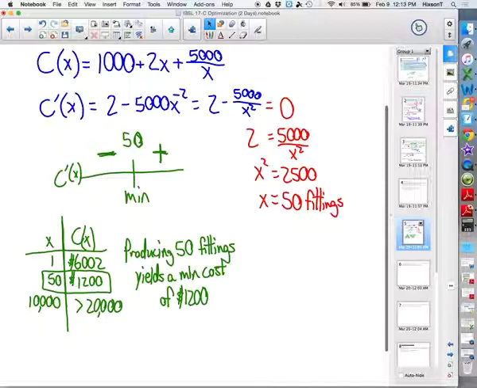Well, it's the acceleration, the rate of change of the rate of change. So our price is changing per fitting, that's our unit price, right? That's our first derivative. If you wanted to look at how that unit price is changing as you produce more units, that would be a second derivative. Again, with this kind of context, it's not super useful.